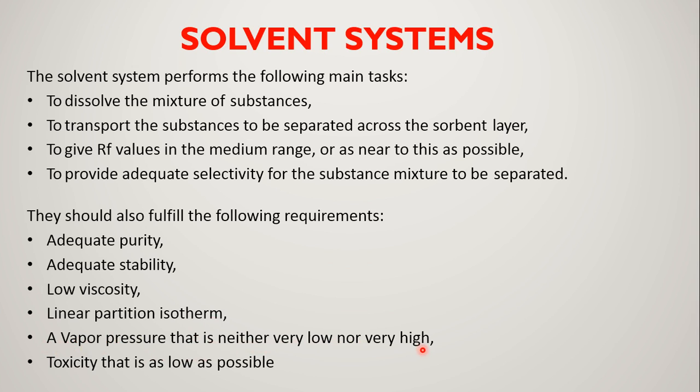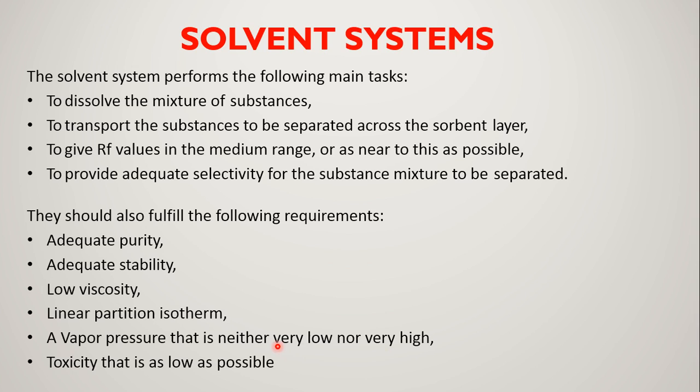That type of solvent system we have to apply which has a moderate vapor pressure or moderate boiling point. Suppose its vapor pressure is very high, then it will readily vaporize during the experiment from the TLC plate and also from the development chamber. So we will not get very good separation.